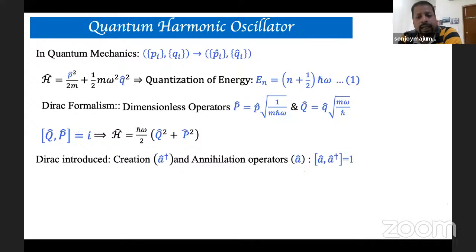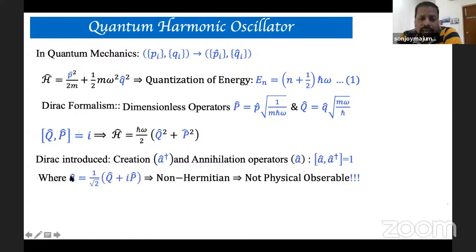That is, he introduces two different quantities, or one single quantity and its conjugate, that is, an annihilation operator and a creation operator. And here the commutation relation is 1.